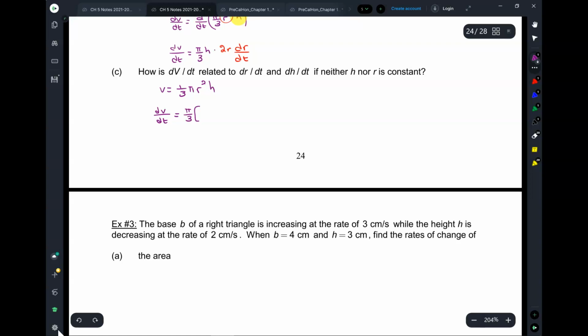And then here, it's product rule. Okay? So it's going to be r squared dh dt plus 2r dr dt times h.